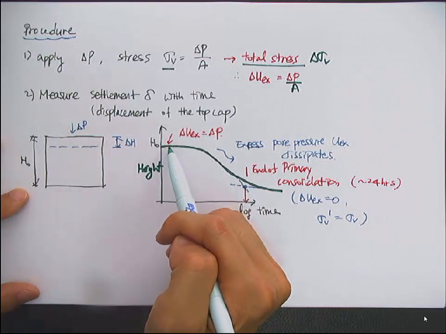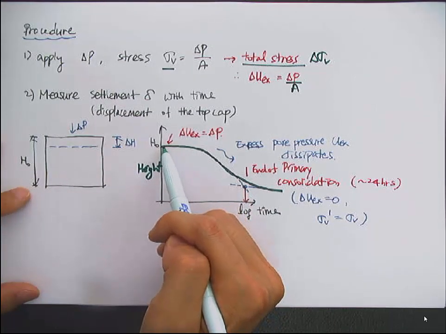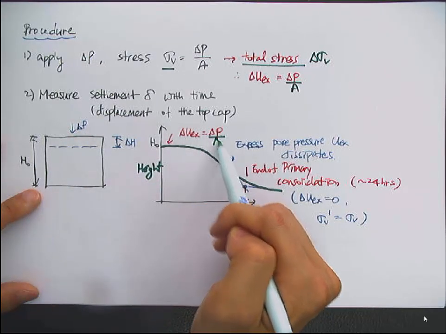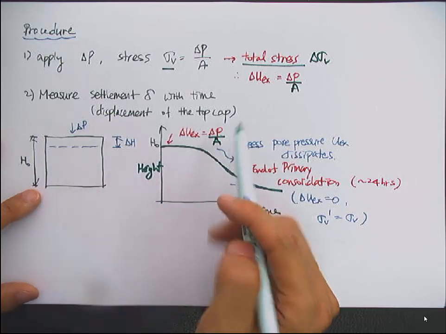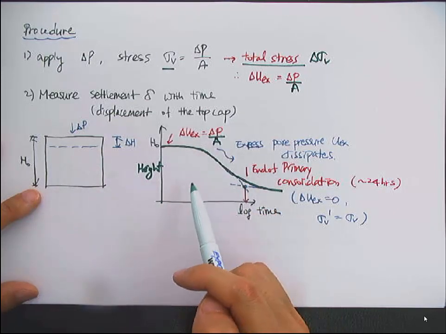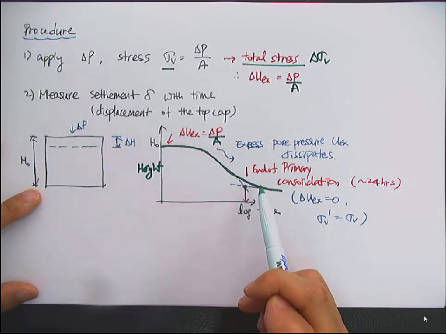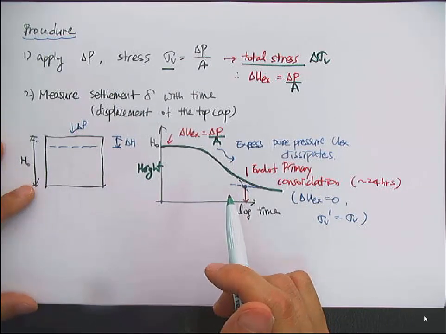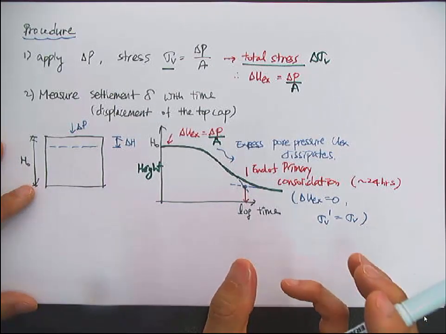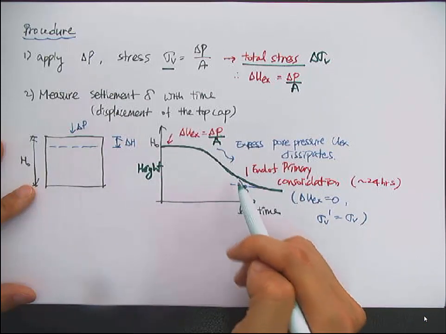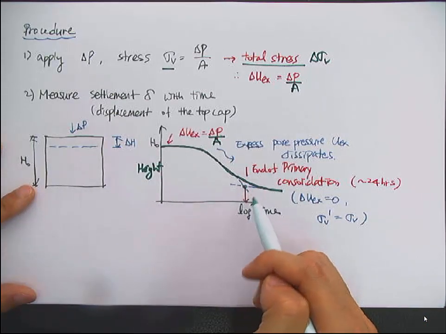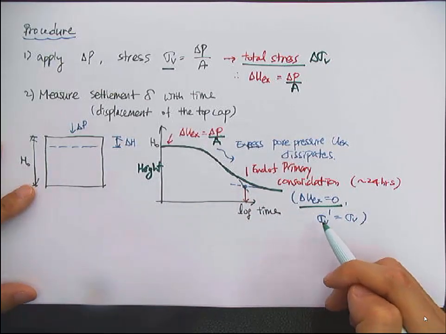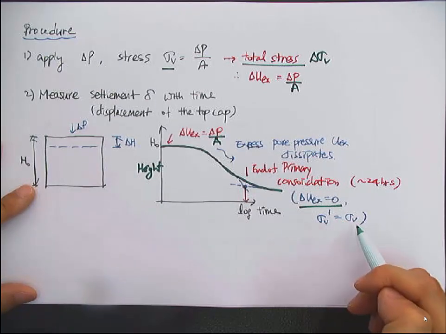As soon as you apply the delta P, you have an excess pore pressure increase of delta P over A. Here, note that delta P is the force term, and this excess pore pressure will dissipate as time goes by because the water can escape, according to the permeability of the clay specimen. And then you have a primary consolidation. At this point, you have zero excess pore pressure, and the vertical effective stress will be the same as the vertical total stress.